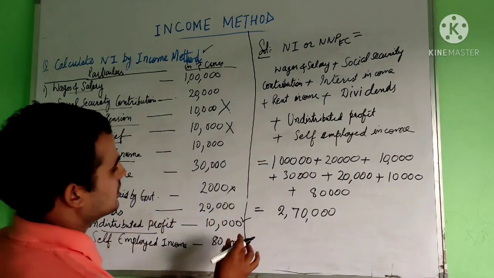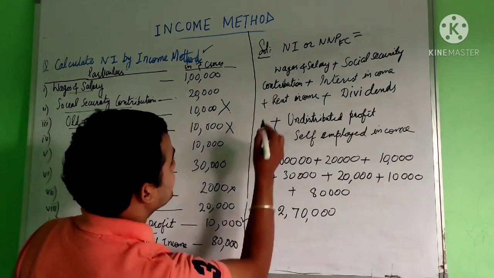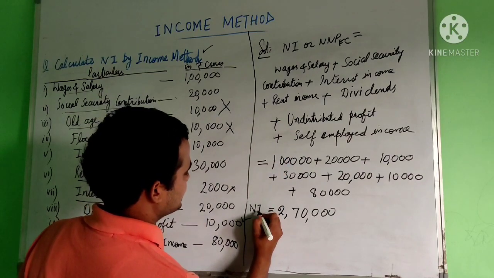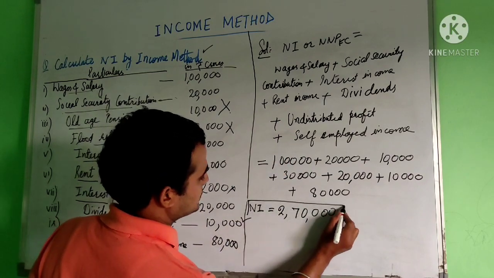So finally we have calculated national income at factor cost, which is equal to 2,70,000.